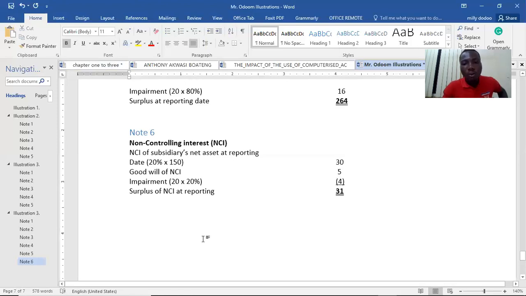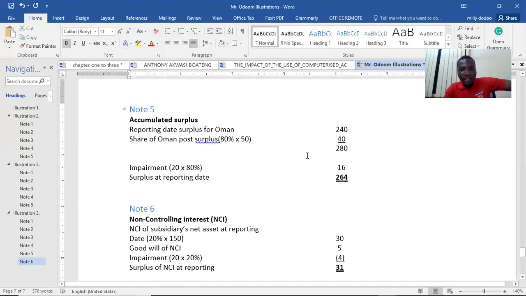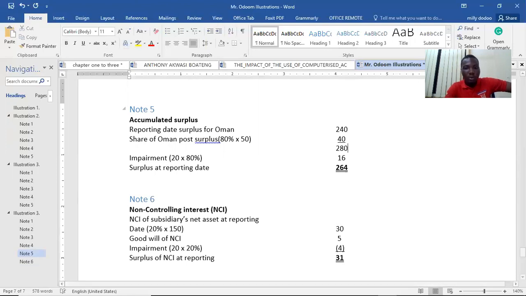So this is how the workings for this particular illustration look like. And this is how you are going to go about it.